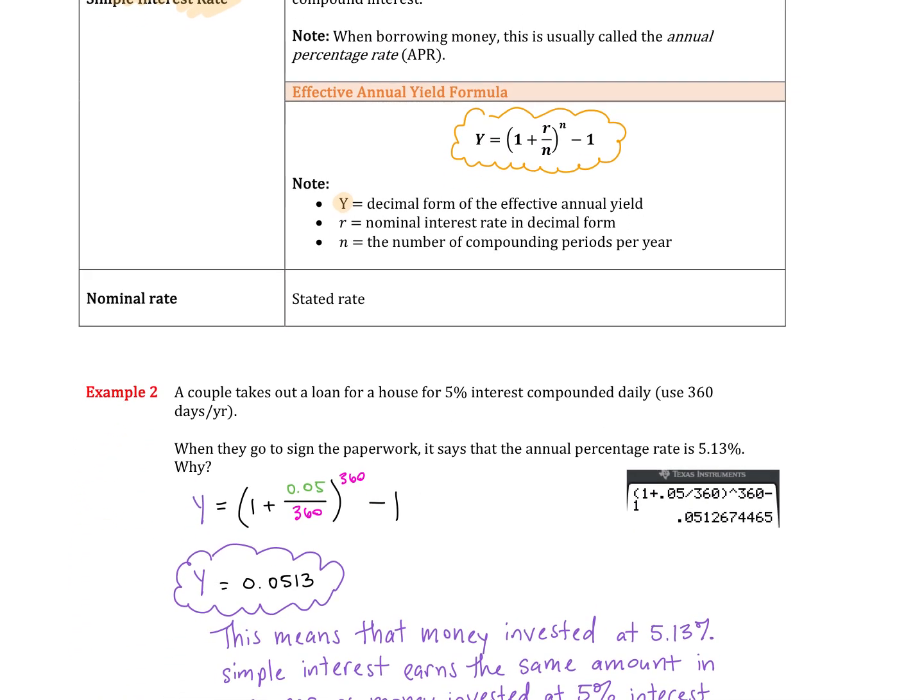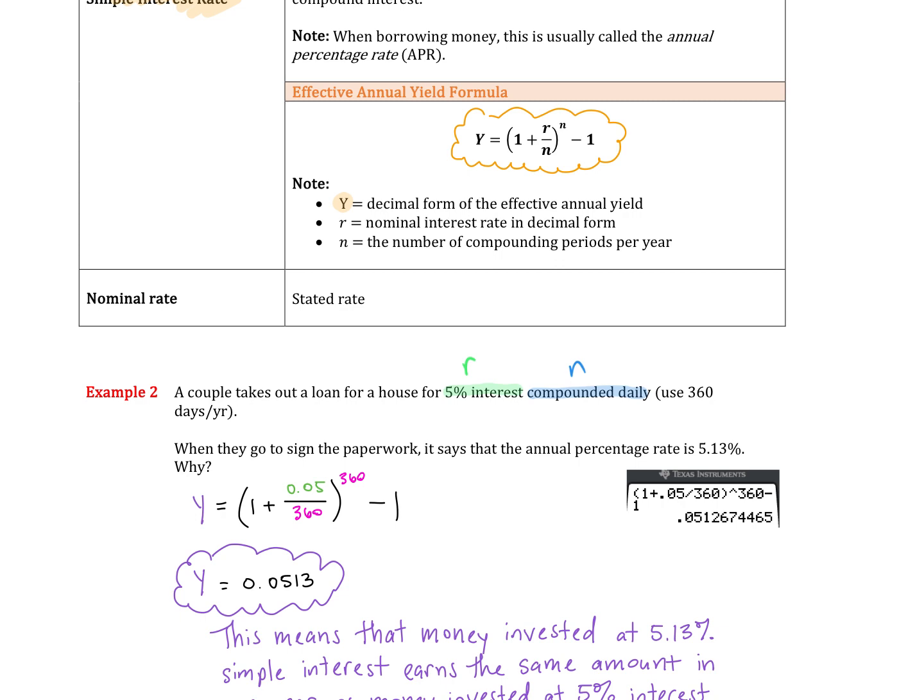All right, so a couple takes out a loan for a house with a 5% interest yield, compounded daily. So remember, we use 360 days for a year. So here's our rate, this is our n. When you go to sign the paperwork, it says the annual percentage rate is 5.13%.